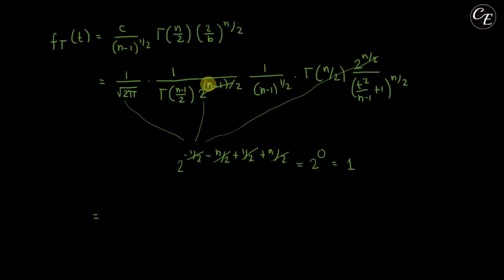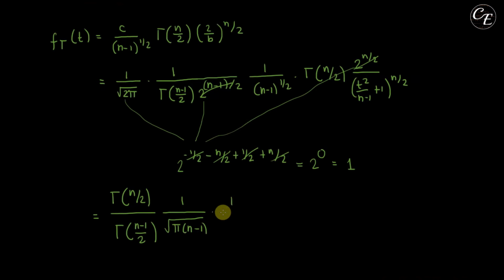Let us collect this gamma function and this gamma function in here, so we have gamma of n over 2 over gamma of n minus 1 over 2, and then we have 1 over square root of n minus 1, and combining it with this square root of pi, we have square root of pi times n minus 1, and then we have 1 over t squared over n minus 1 plus 1 raised to n over 2.